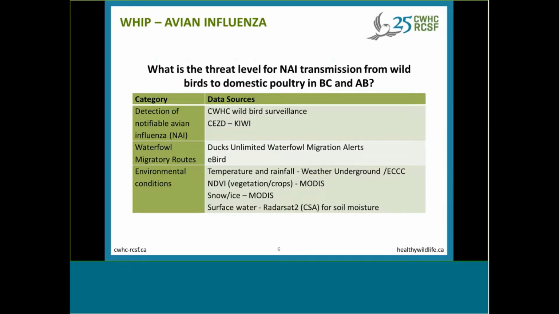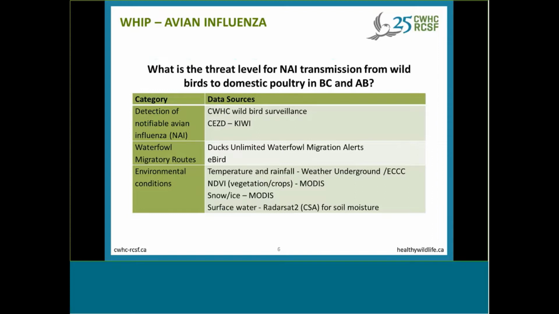So again, this is our question, and from a literature review and interviews, we identified three main categories of information we wanted to collect. One was the detection of notifiable avian influenza in the world, waterfowl migratory routes, and environmental conditions. And those were the data sources we used: CWHC and CZ, Ducks Unlimited Migration Alerts, and eBird. eBird is a citizen science checklist program for the birding community.